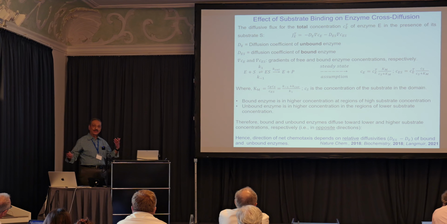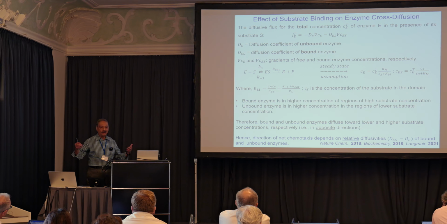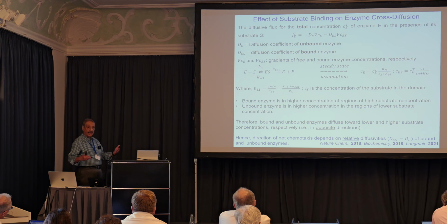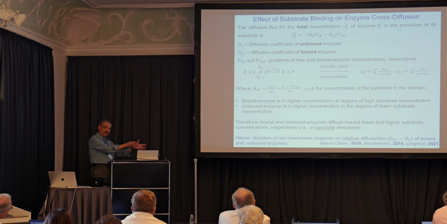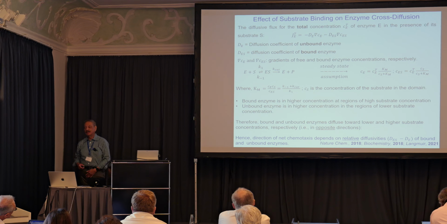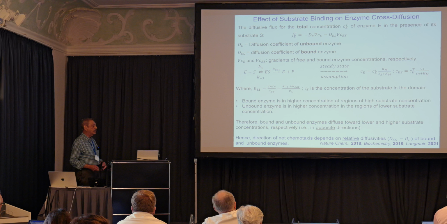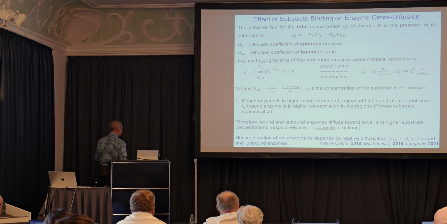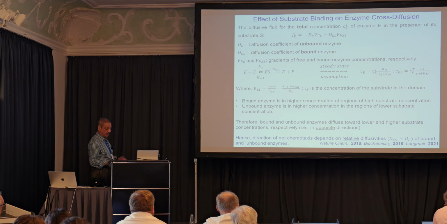And then it depends on which one diffuses fast, the bound enzyme or the unbound enzyme. Whichever diffuses fast, the net movement would be in that direction. So that's simple. It depends on the difference in diffusivity of the bound versus unbound enzyme.